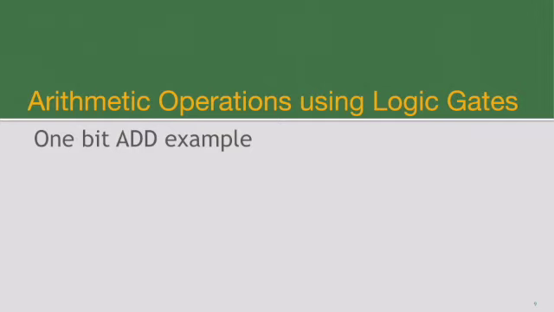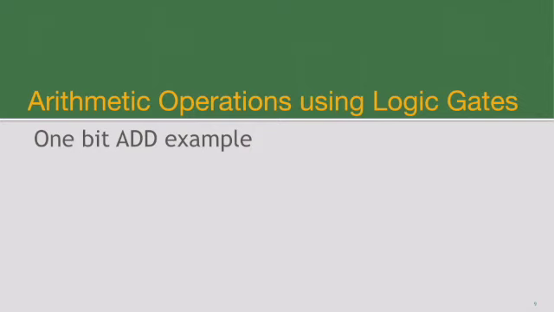Next we want to see that the logic operations are simple, and obviously everything in a computer cannot just be performed by these very tiny logic operations. We need to combine the logic gates to create relatively complex operations that the computer can perform. So we will look at the arithmetic operations that are possible using logic gates.